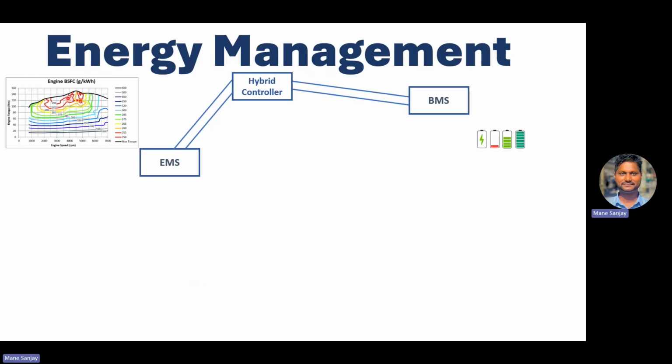But what is BSFC? BSFC is brake specific fuel consumption, and it is a measure of fuel efficiency. This map is basically a measure of the fuel efficiency of any prime mover, and in our case, the prime mover is an engine.